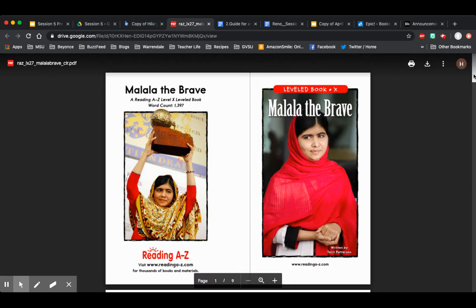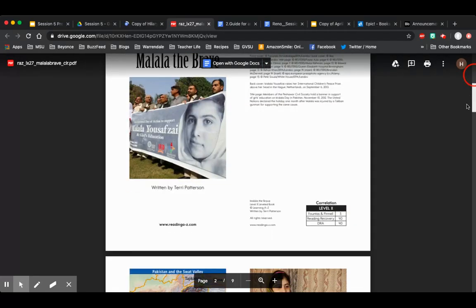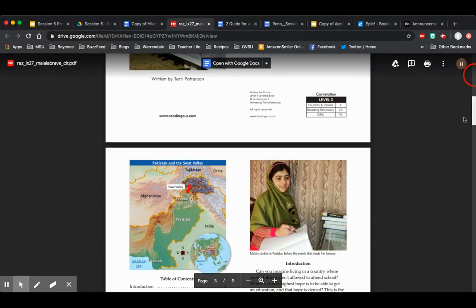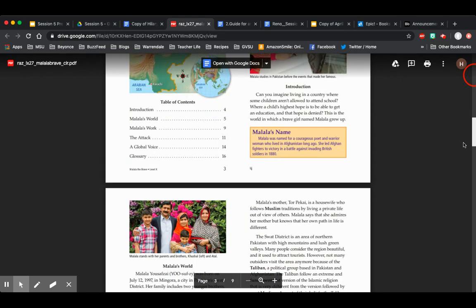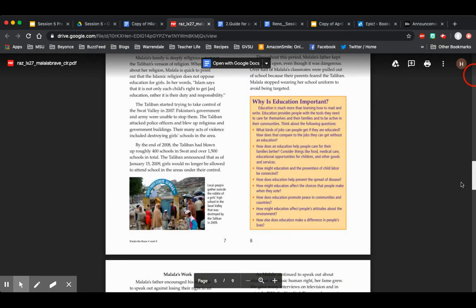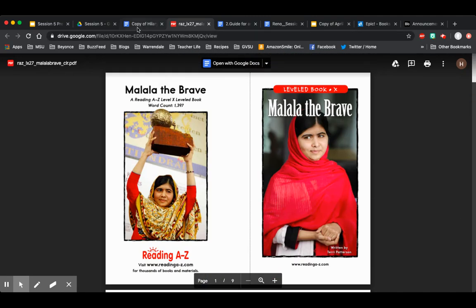This was the text I used. I got it from Reading A to Z. They have some really good text on there. If you need the school login, let me know if you want to find your text from there. So here's the text if you want to look through it.